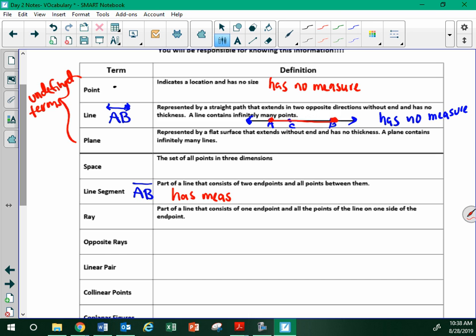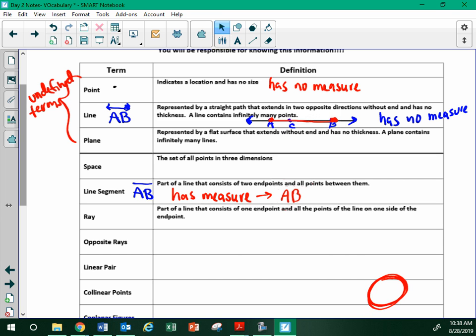And we use different notation to represent that measure. This notation here, we don't put a circle around it when we write it, but this is the notation to mean the measure of line segment AB. We basically just remove the segment over top. It's really important that you know this notation, because when you get to certain assessments, certain homework, it's going to say find BC.